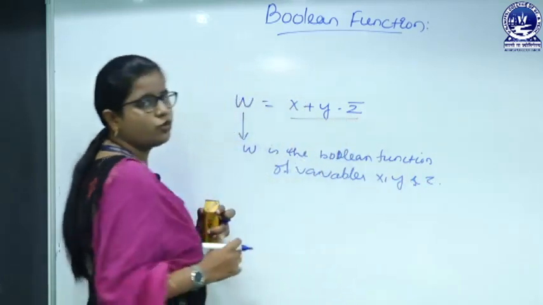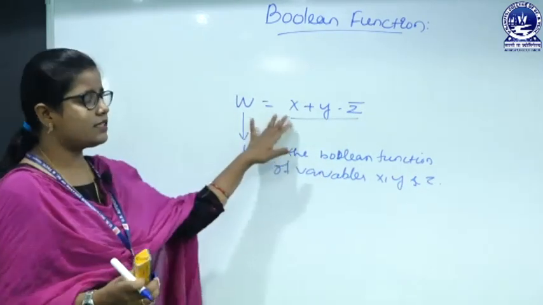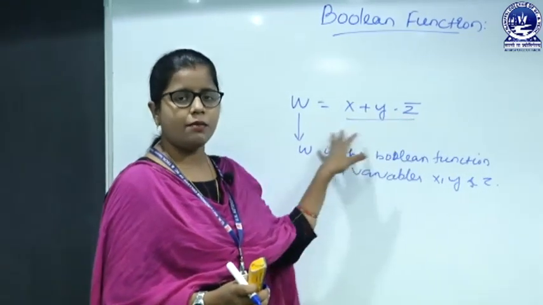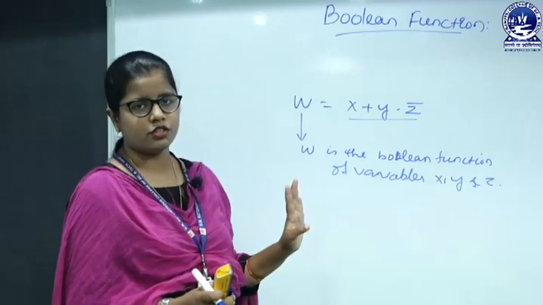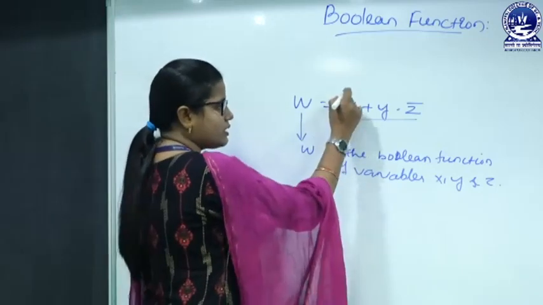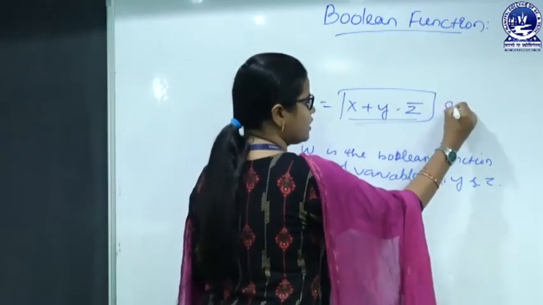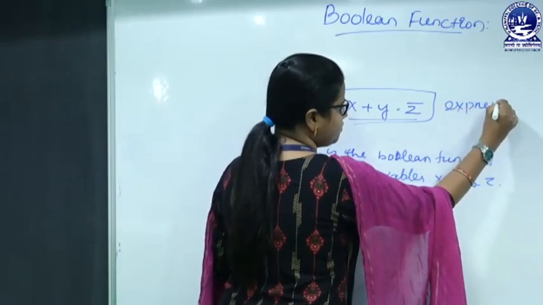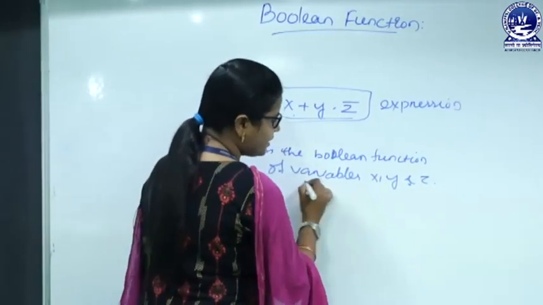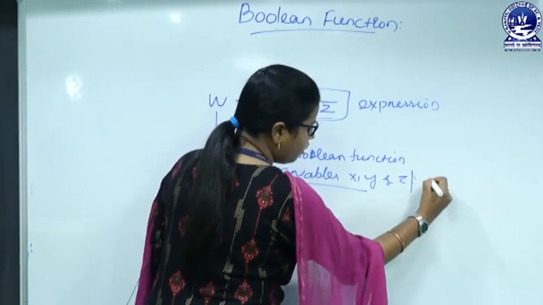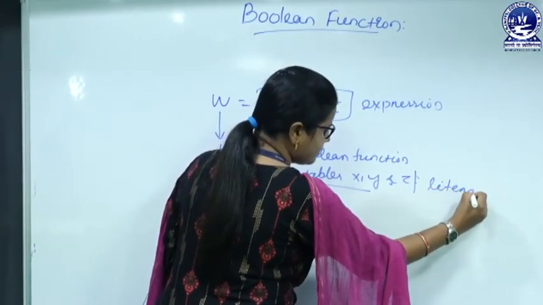So here we are using three variables, x, y and z, and by forming some expression we are calling w a function. The right side of this is called the expression, and these x, y, z we can call variables or literals.